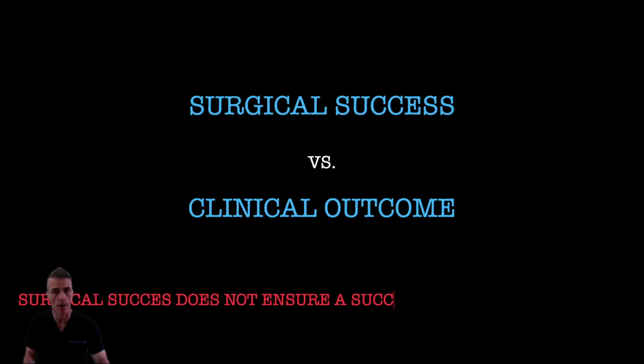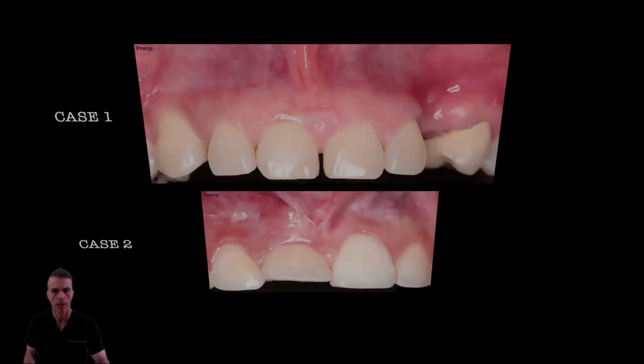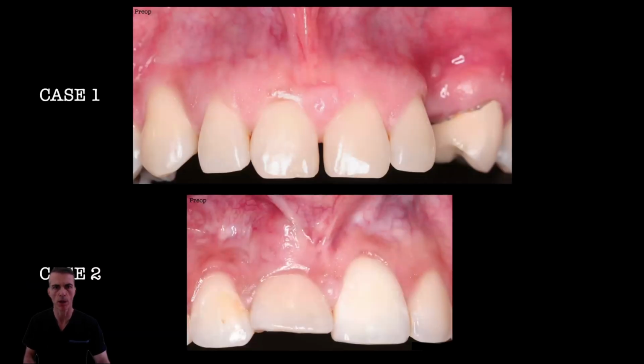Doing a nice augmentation surgical approach for a particular site is not going to guarantee that the final clinical outcome will be successful. It depends not only on the surgical approach, but on the prosthetic, the restorative aspect, which is key. They go hand in hand, and if one is not there, the other will not allow proper aesthetics. So both are key, the surgical and the prosthetic aspect.